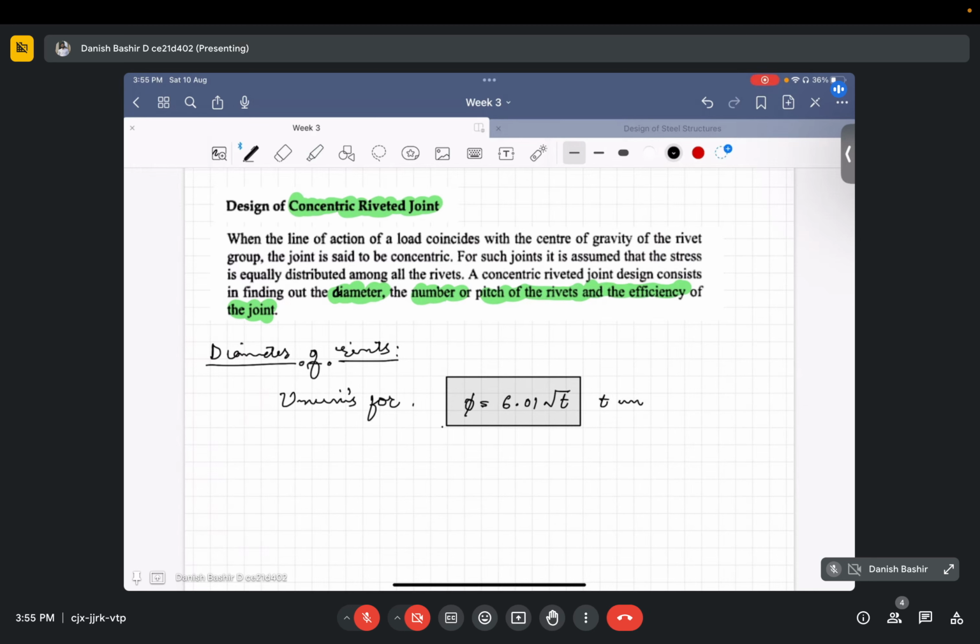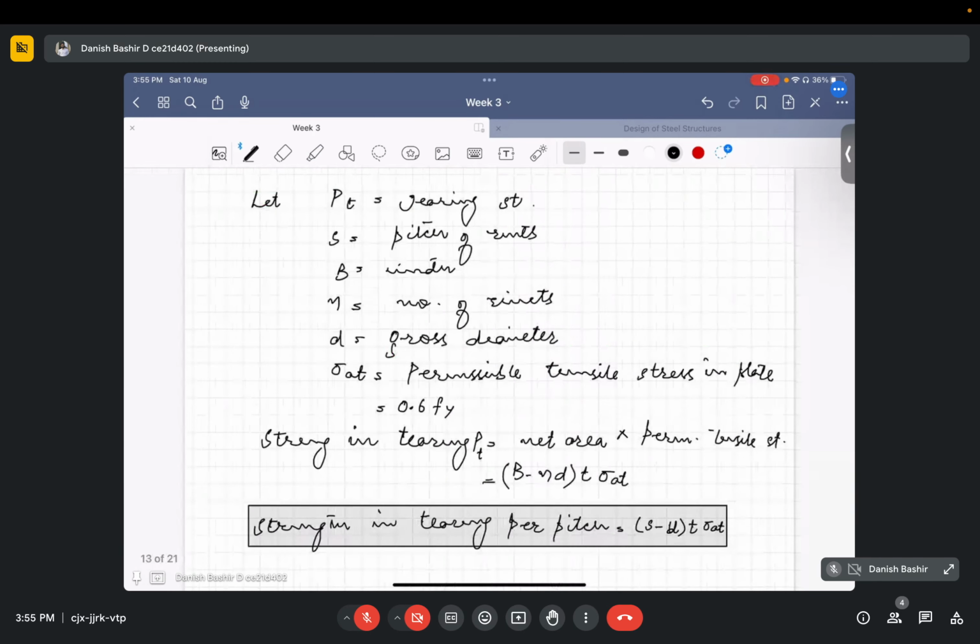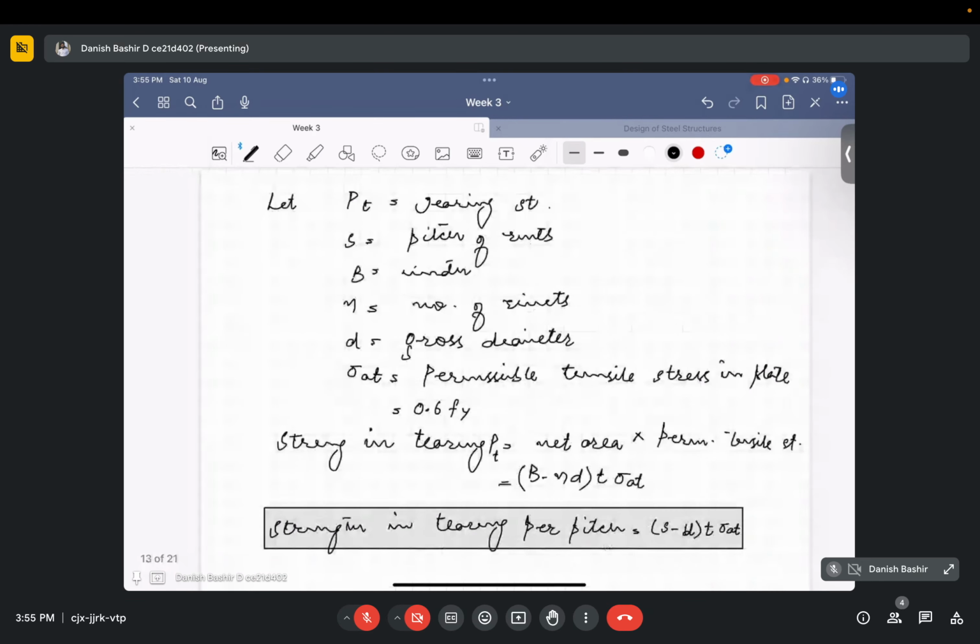Okay, from this diameter phi, we have to calculate the number and the pitch of the rivets. The number of rivets can be computed by dividing the total load to be transferred by the rivet value. So we found the diameter phi from Unwin's formula. From phi, we will compute pi by 4 d square times either tau vf, sigma at, or sigma pf.